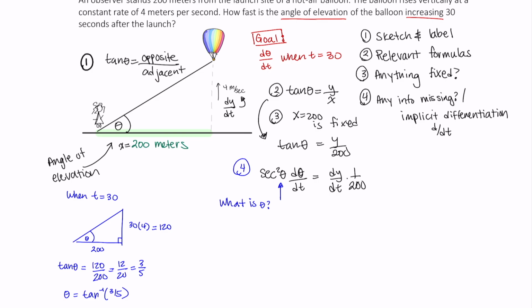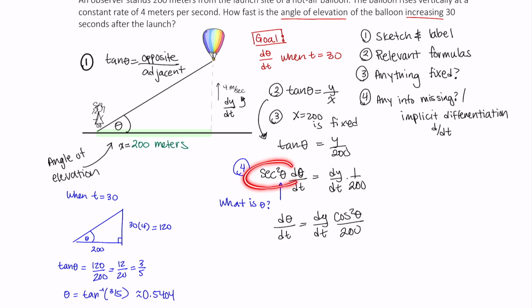Calculator, this will give you, in radians, 0.5404. Okay, so that's what theta is. So now we can solve this. I know that d theta over dt is equal to dy over dt times cosine squared theta over 200.